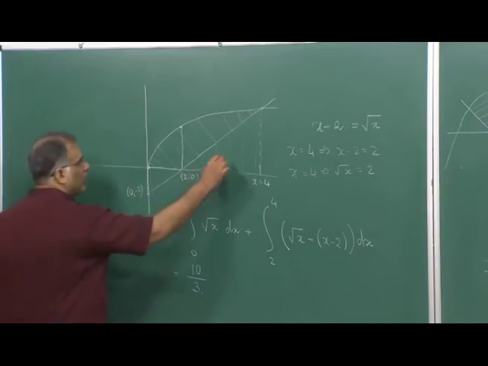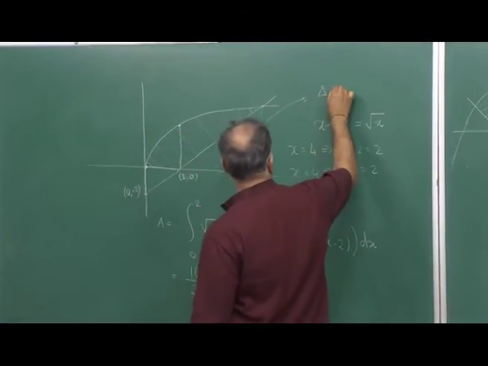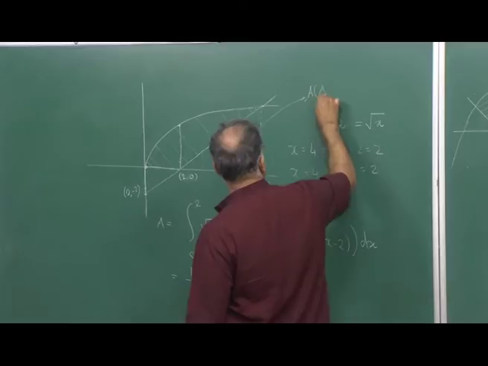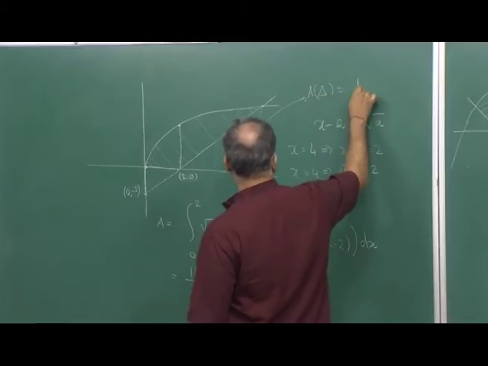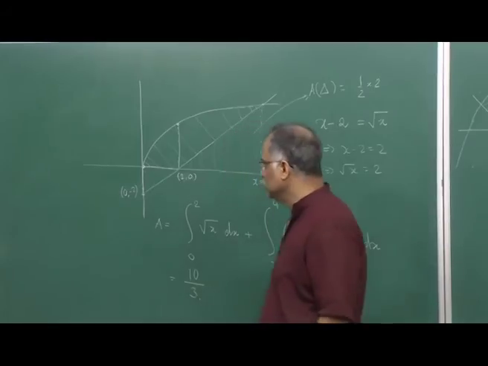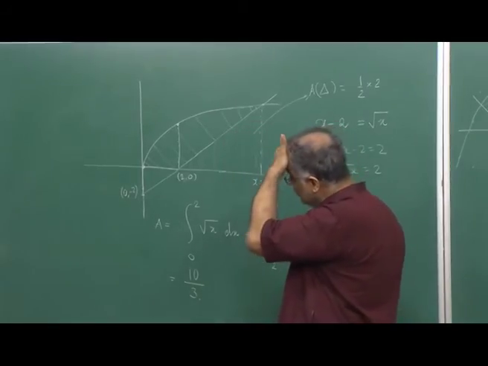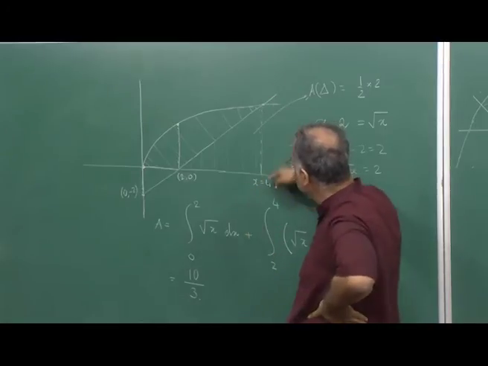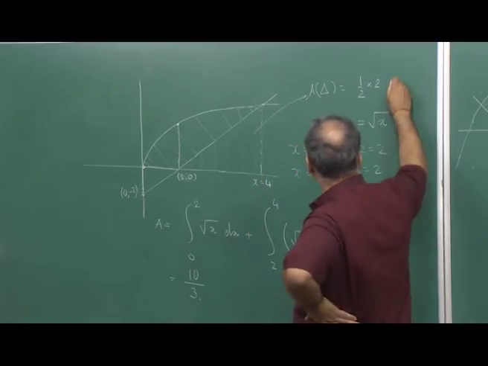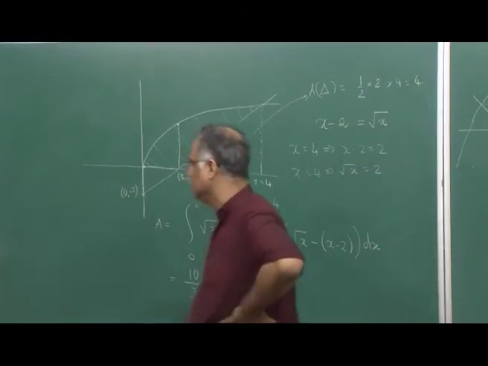What is the area of this triangle? Area is equal to half of base, which is 2, into the height, which is 4. So it is 4 units.